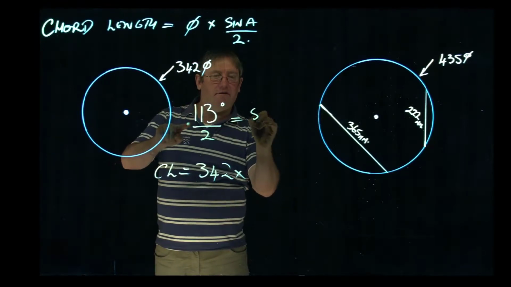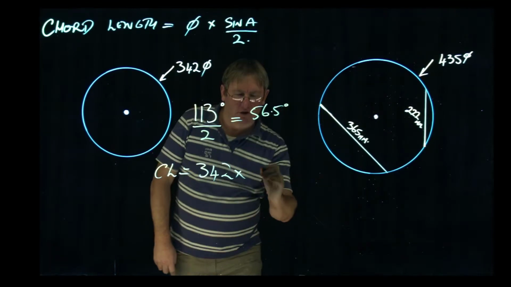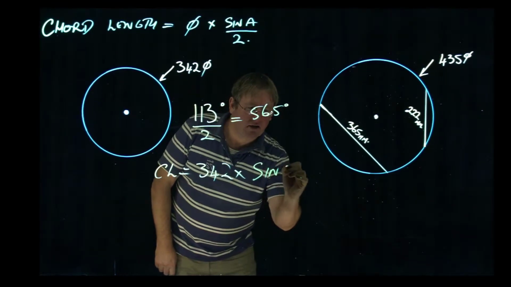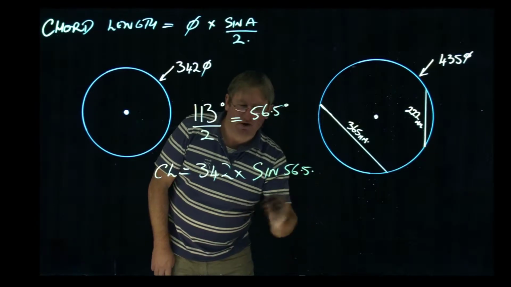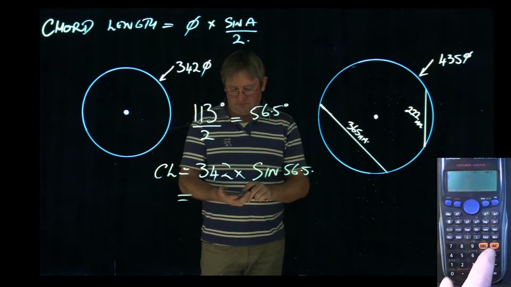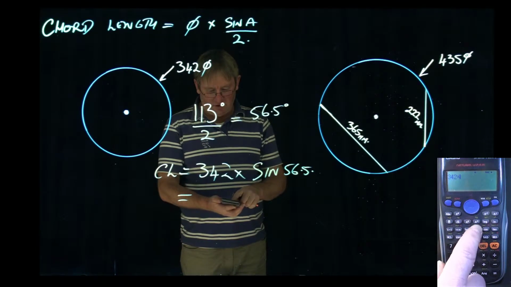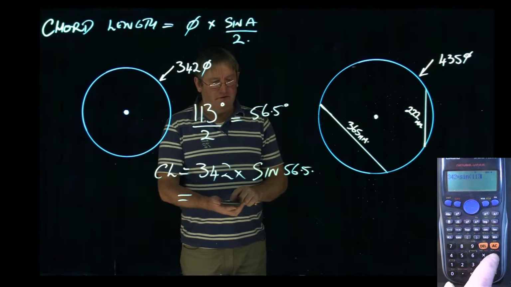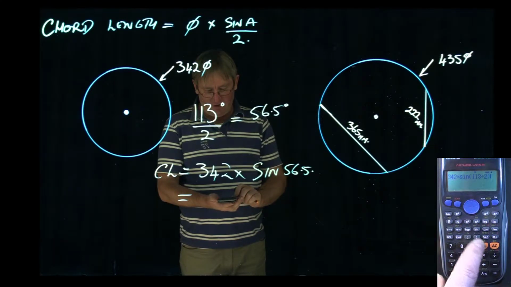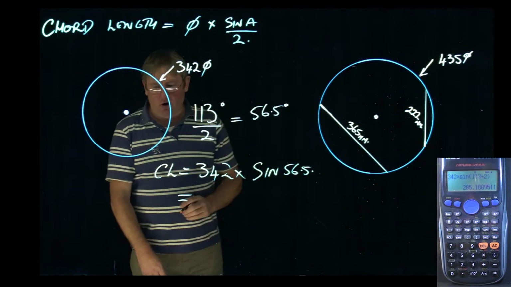We've got 56.5 degrees. So that goes in there as sine 56.5. And I will do that on the calculator. So 342 times the sine 56.5 equals, and we get a length there of 285.